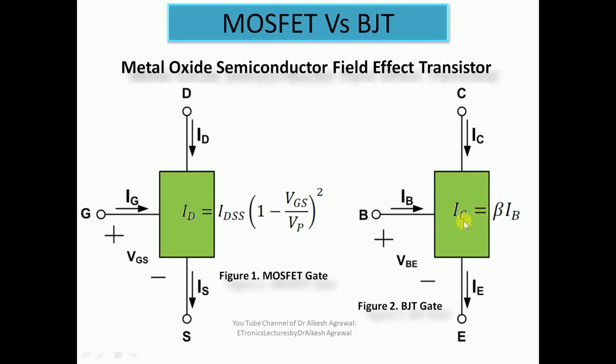Whereas in a BJT, the collector current is given by beta times IB, where beta is the amplification factor. This is the basic difference between a MOSFET and a BJT in terms of the configuration.